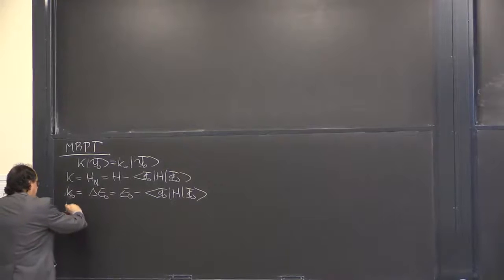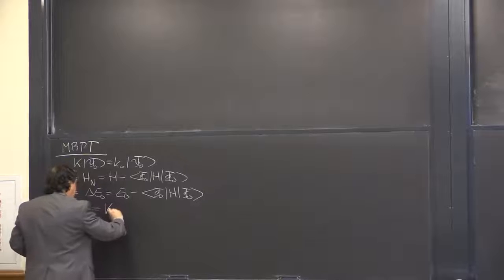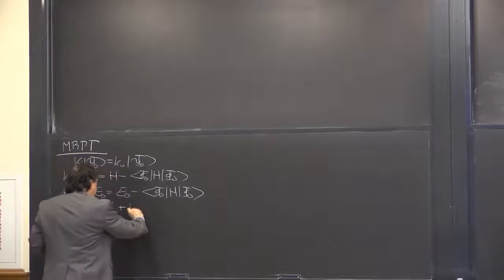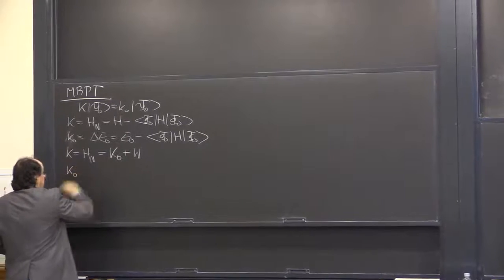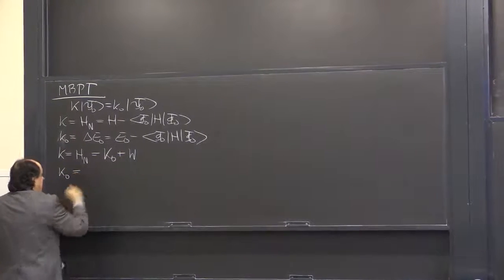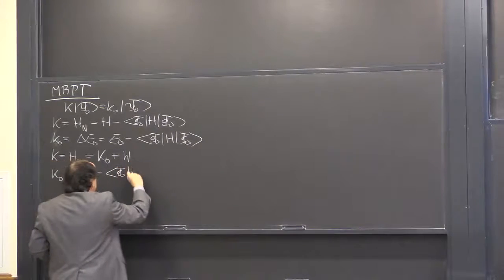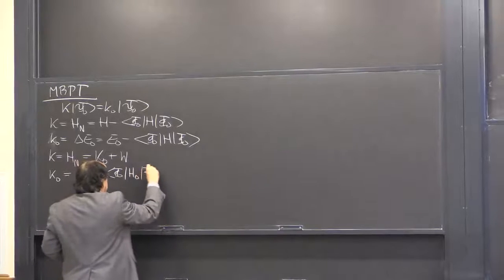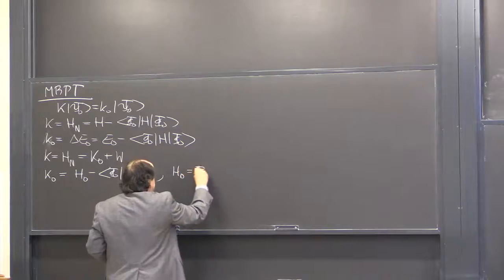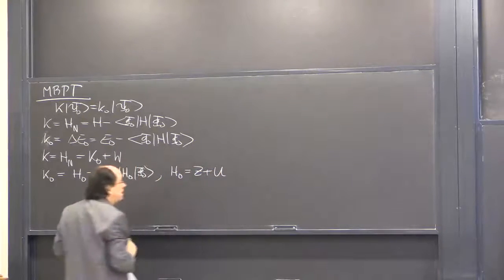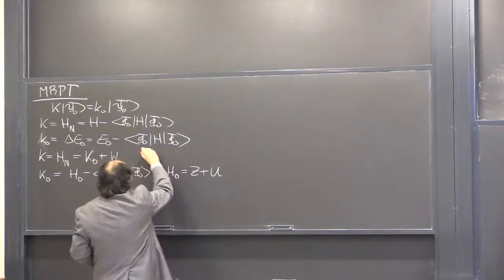So we split the K operator, or H normal in our case, into the unperturbed part, K naught, and the perturbation. We defined the unperturbed operator K naught as, well, initially I wrote it as H0 minus the expectation value of H0, where H0 was defined as Z plus U, where Z is the one-body part of the Hamiltonian.